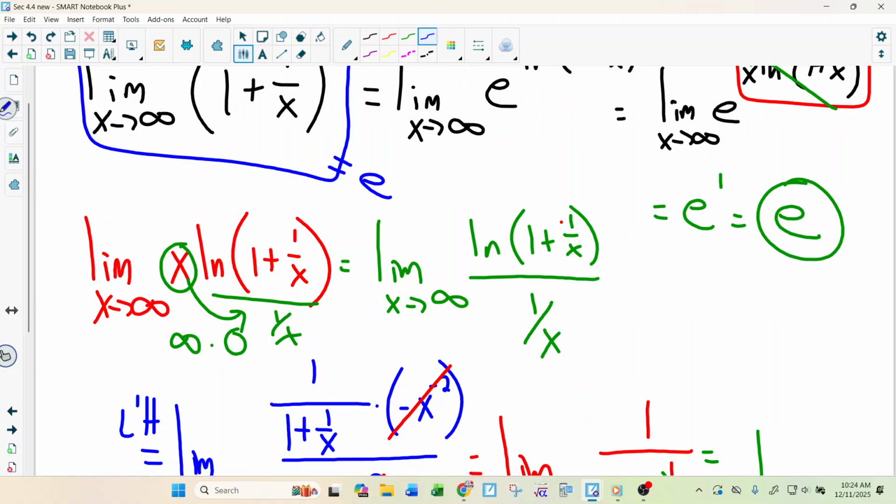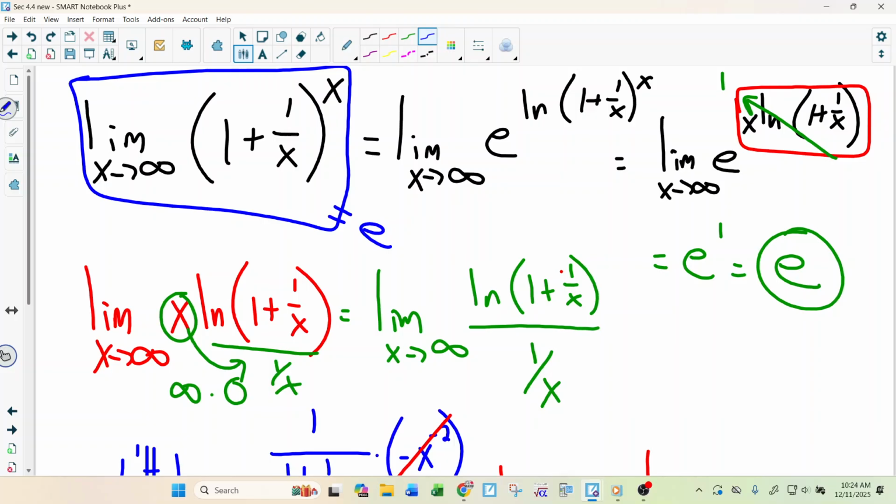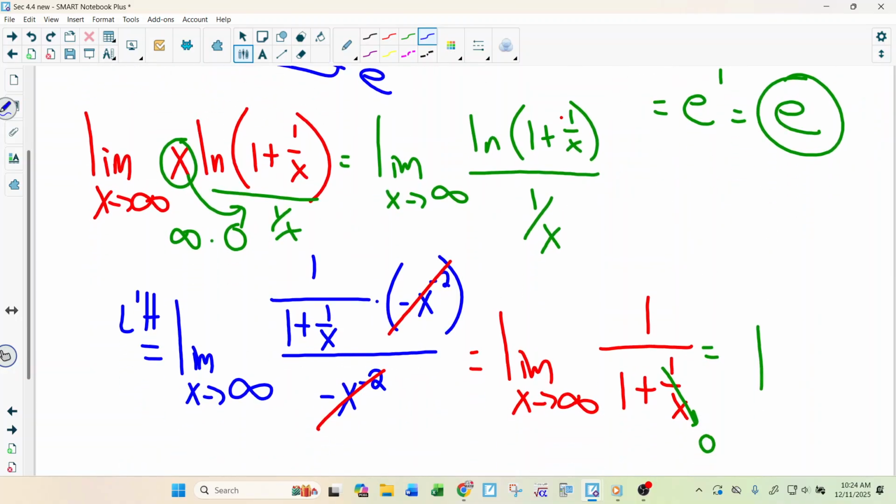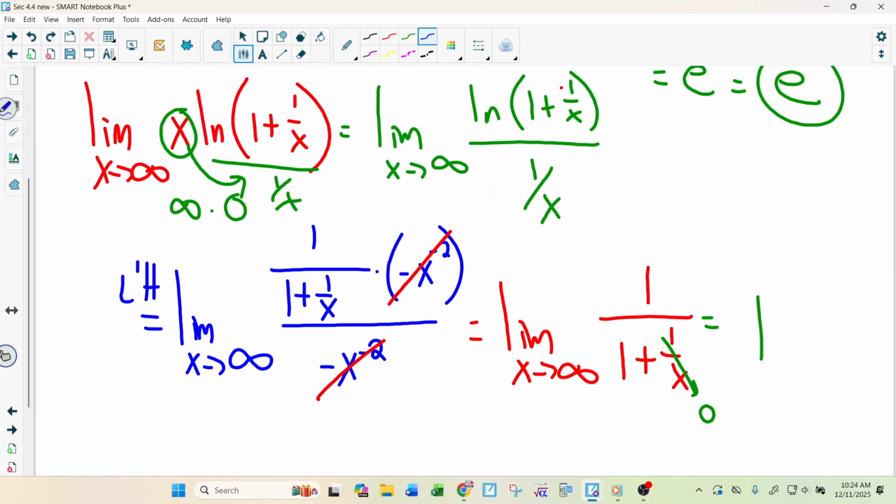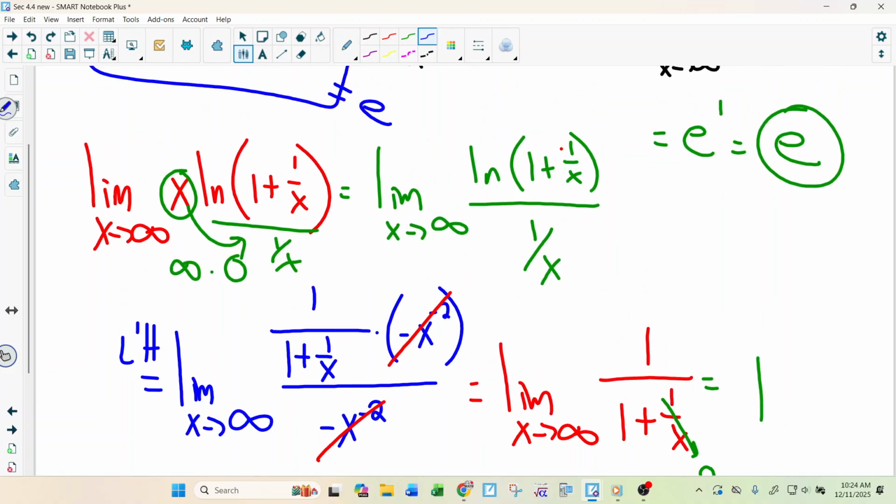It wasn't this exact problem, but this idea. So he got to here, did all of this, wrote it in terms of e, did all the limits and derivatives and simplifying right, and got to the right answer here of 1. But forgot to go back in and plug it in to get e. So just be careful on these. That's just not a huge thing. I don't think I would take half off if you did that in my class. I'd be like, you did all the hard part right, but that's what happened.